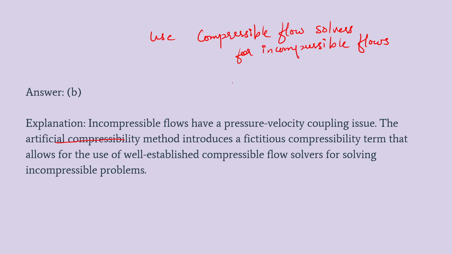When there is incompressible flow, the issue is that there is a decoupling of pressure and velocity. To couple this, we introduce a fictitious compressibility term that will help the established compressible flow solvers. With the introduction of this fictitious compressibility term, we can use the compressible flow solvers to solve the incompressible flows. So option B is our answer.